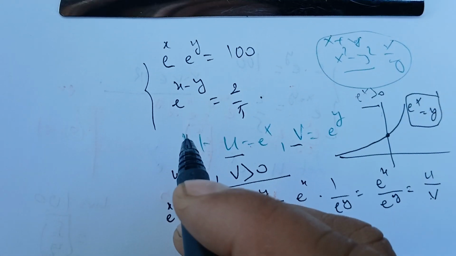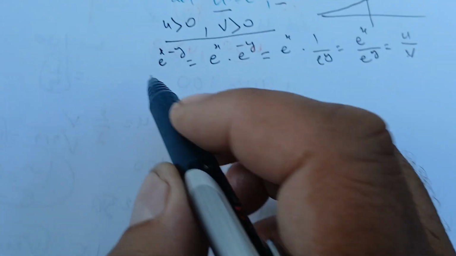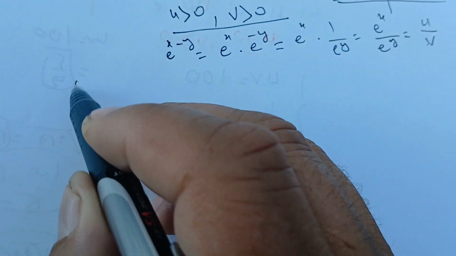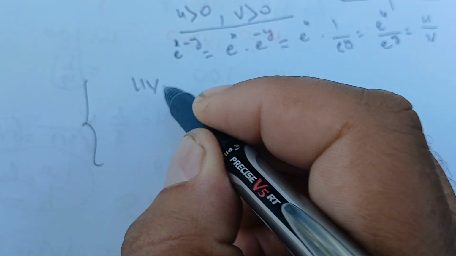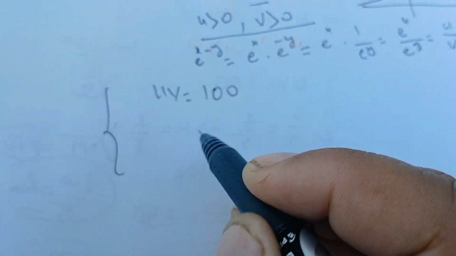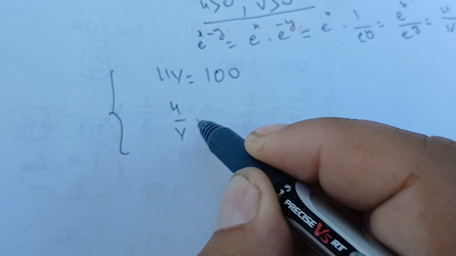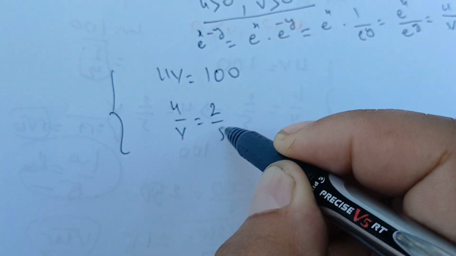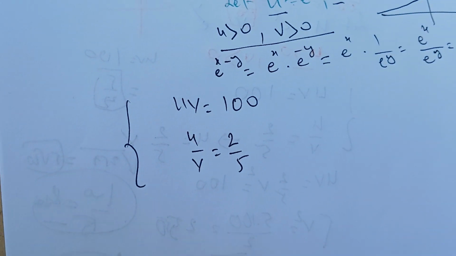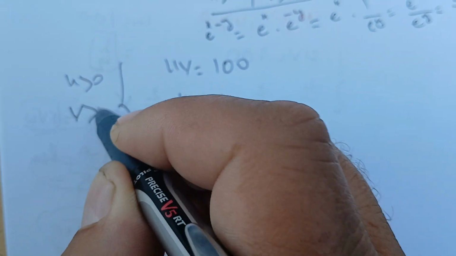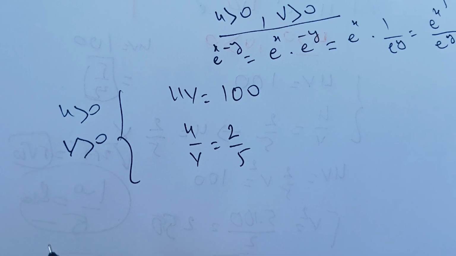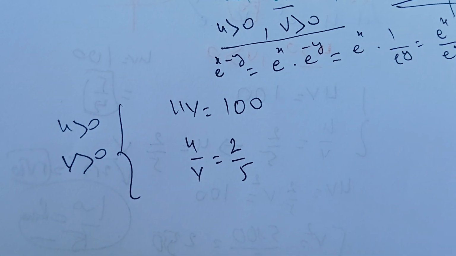Therefore our system becomes: u times v is 100, and u over v is 2 over 5. Don't forget this condition that we have to keep in mind: u and v are both bigger than 0.